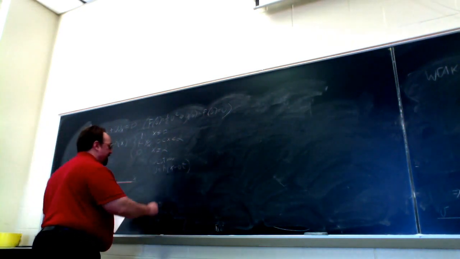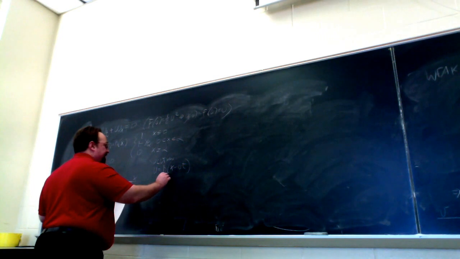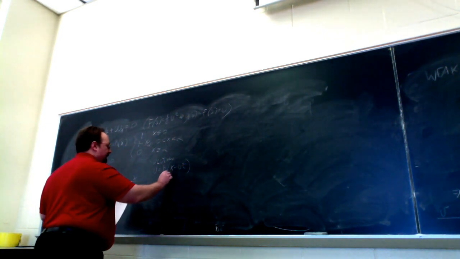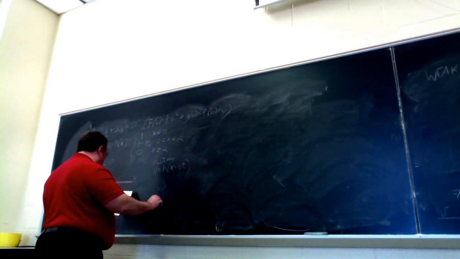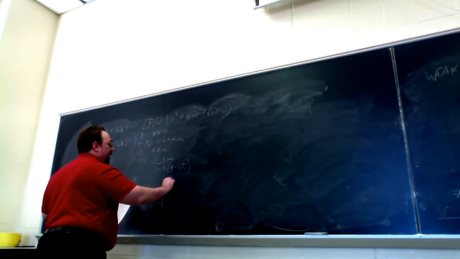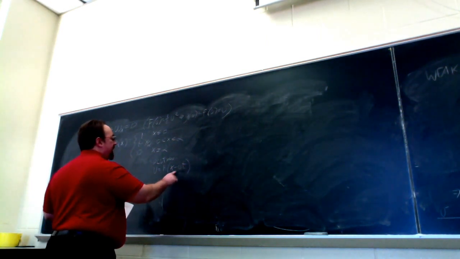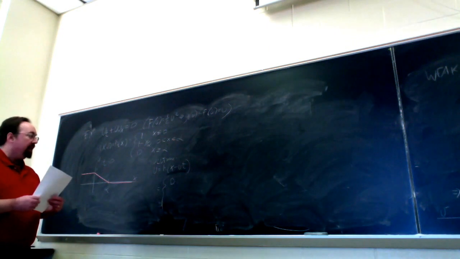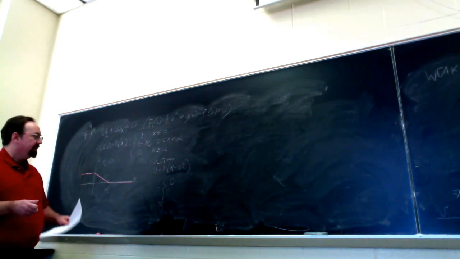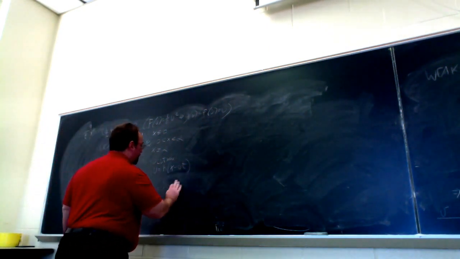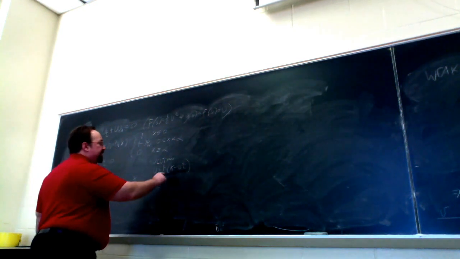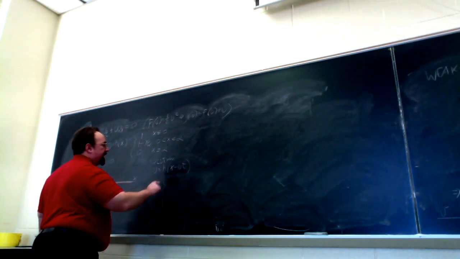So what's happening is, when is this equal to 0, for instance? When this is negative. Oh, sorry, no, I goofed. This is equal to 1 when the argument is negative.